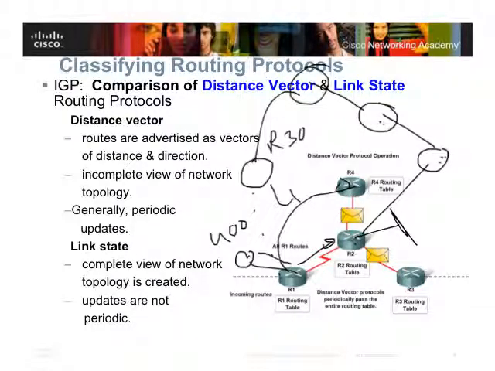Which means that link state routing protocols promote the fact that the states of all links should be communicated to all routers in the autonomous system. So if you have the states of all links, you can construct the topology. You can have a whole map of the topology.